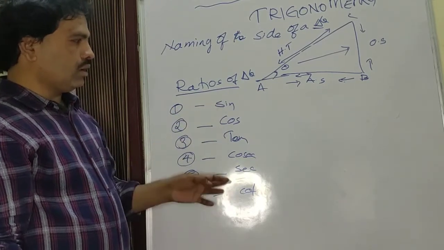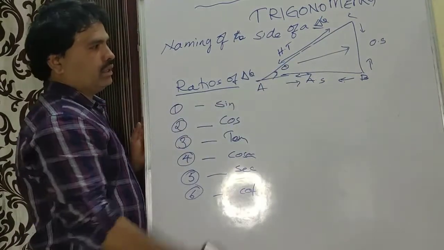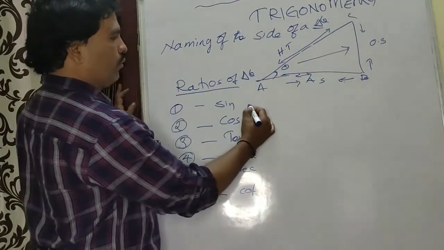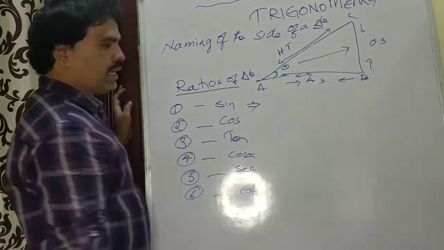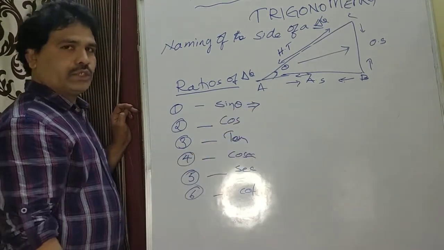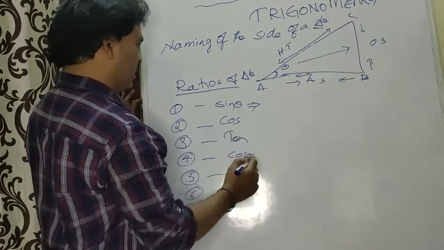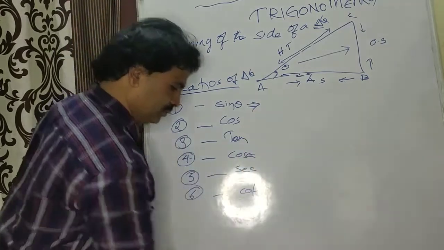All of these we can define using a right angle triangle. In this right angle triangle, first of all, what is sine theta? Here in this triangle we can write the definition of sine theta.